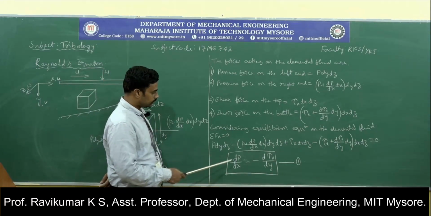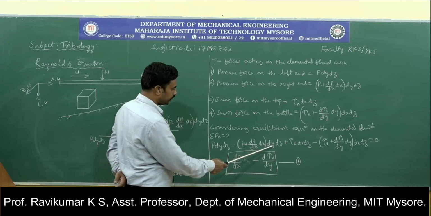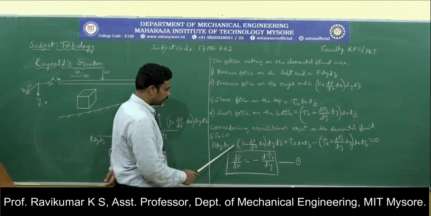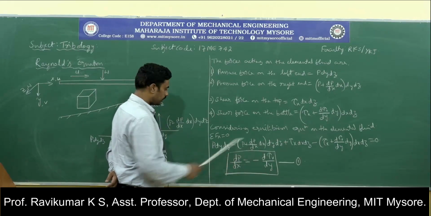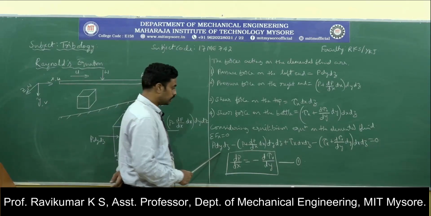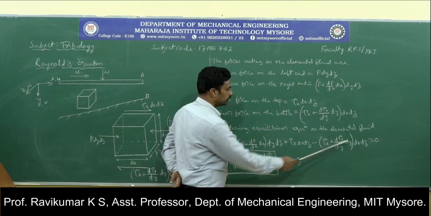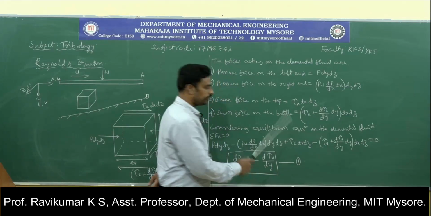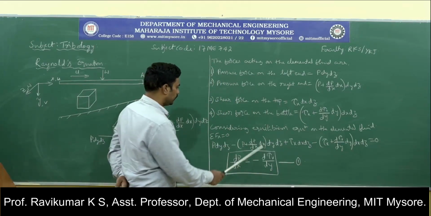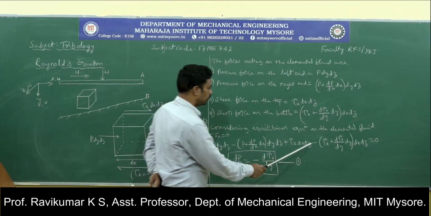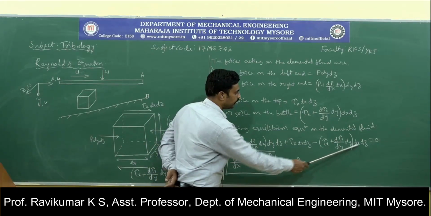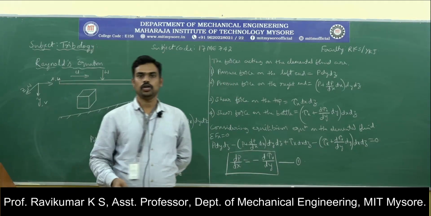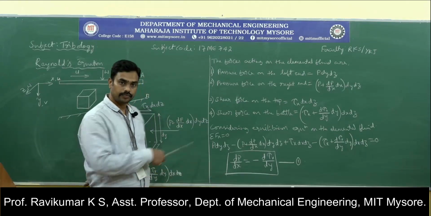So if you simplify this, P into dy dx minus P into dy dx cancel with this one. Similarly, minus tau x into dx dy will be cancelling with this one. Then dx dy dz, which is the volume, will also cancel if you simplify this.